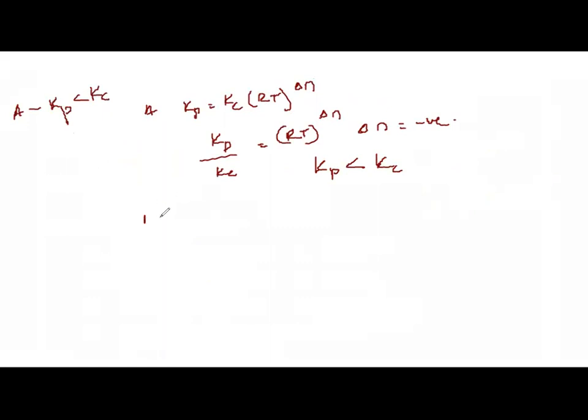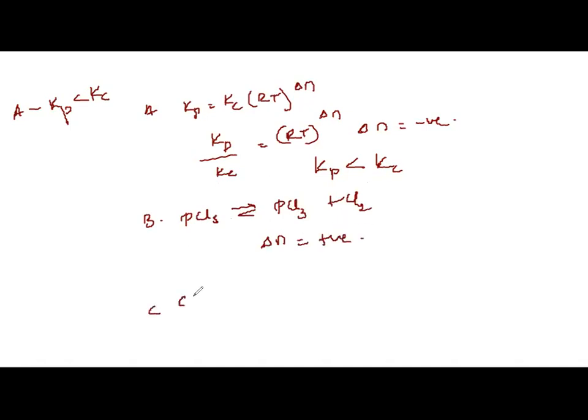Option B. It is having PCl5 gives PCl3 plus Cl2. What is delta N here? 2 minus 1, that is 1. So delta N is positive.